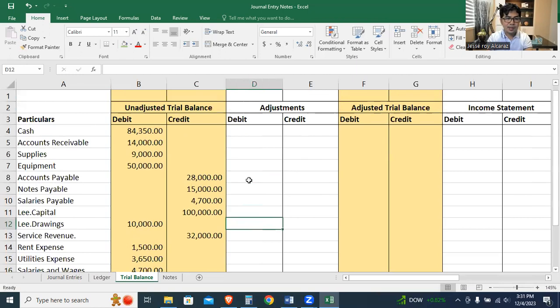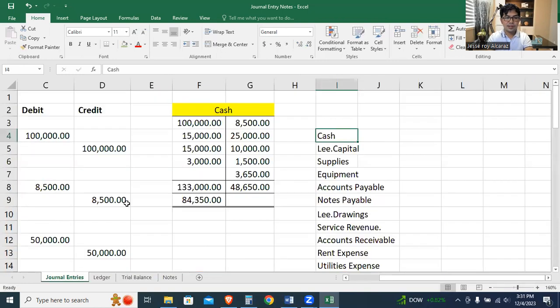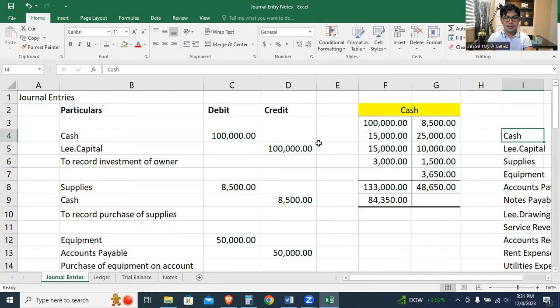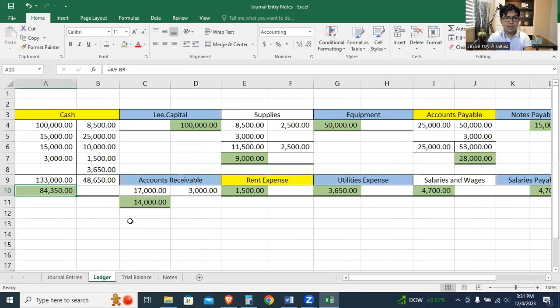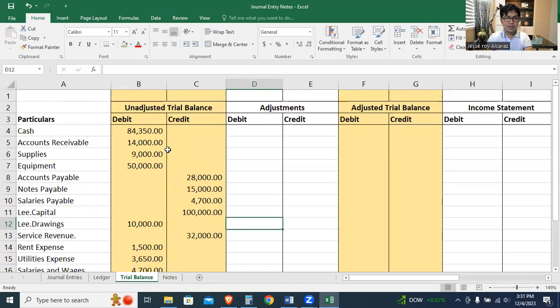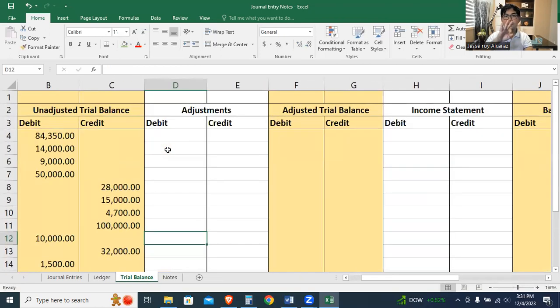So basically, that's it for the posting and then the trial balance. Journal entries, then the accounts, posting or ledger, whatever you call it, and then transfer it to the trial balance. Normally, these three chapters cover the prelim.